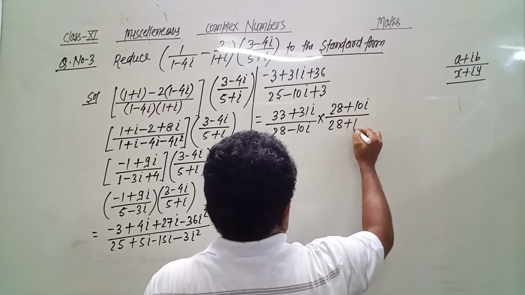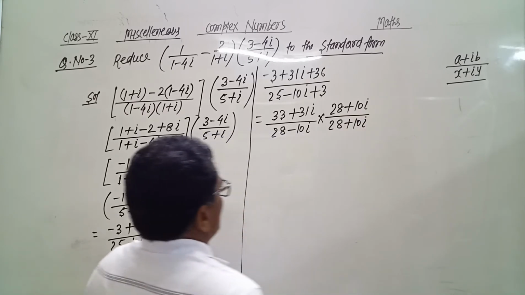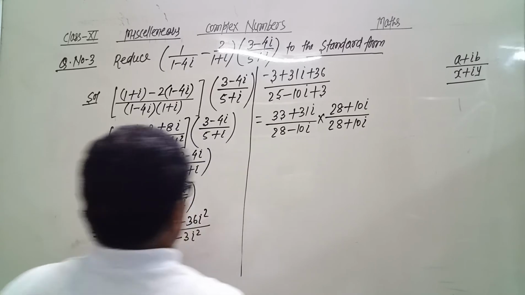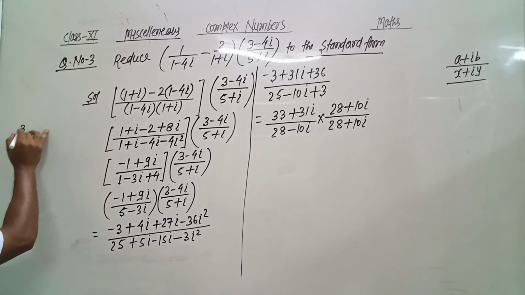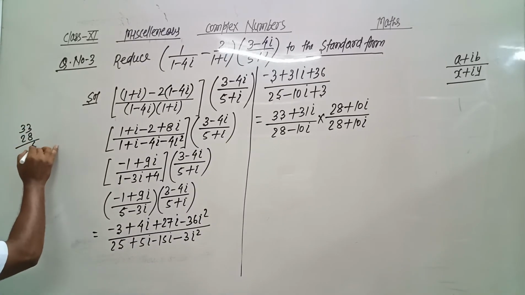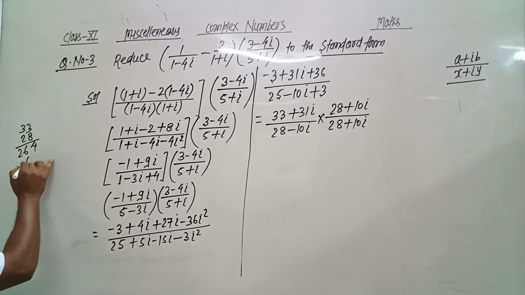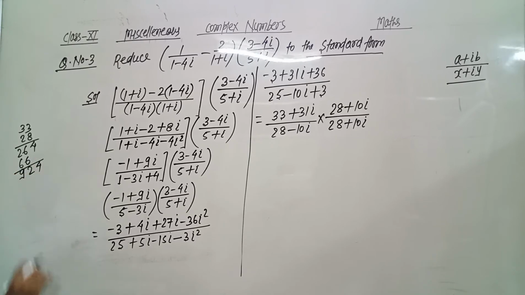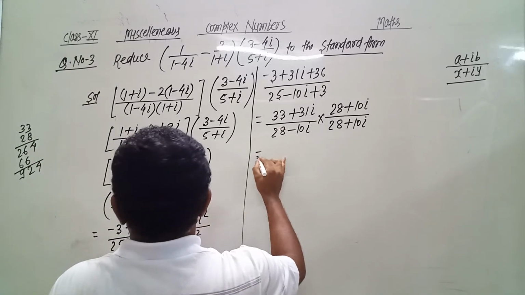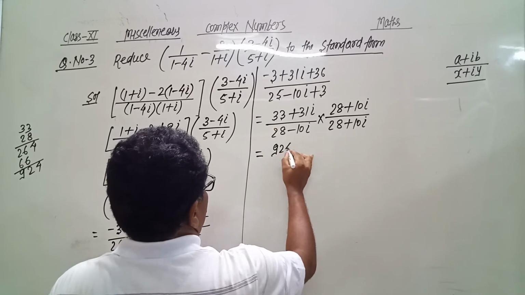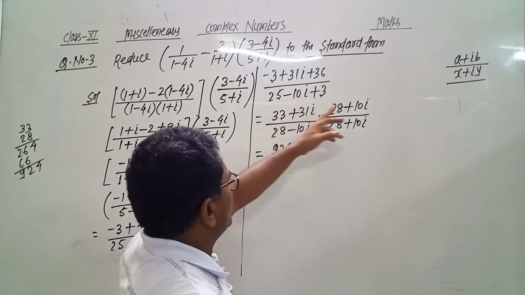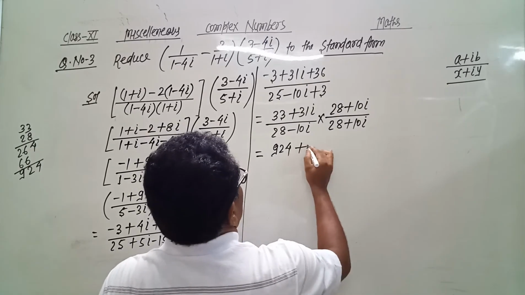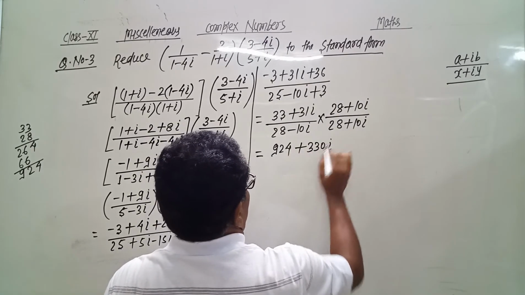So 33 multiplied by 28, it comes 924. And 33 into 10, this is 330 iota.